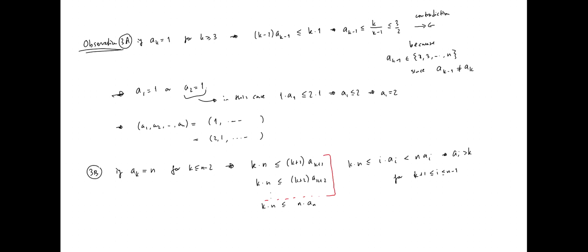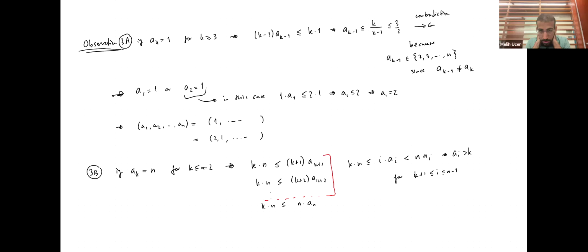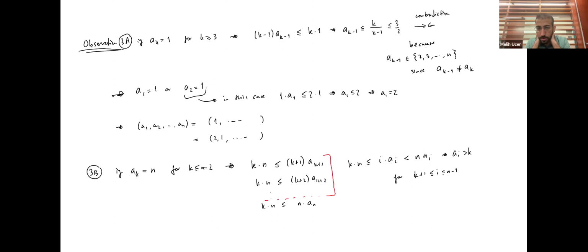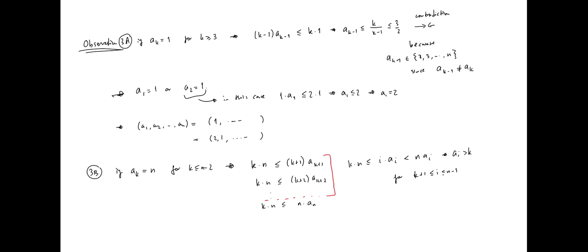So for k equals n, this also holds. We have that a_n is greater than k. How did you prove? So we have n times a_n is greater than or equal to n minus 1 times a_{n-1}.